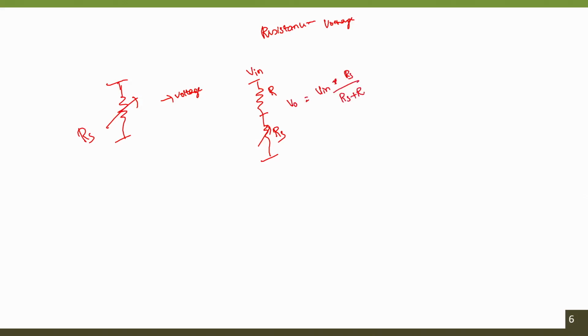That means, suppose Vin is fixed, RS, the resistance offered by the sensor, will always be varying, and R is fixed, we can clearly see that V naught is proportional to RS by RS plus R. If RS and R are equal, then V naught will be Vin by 2.